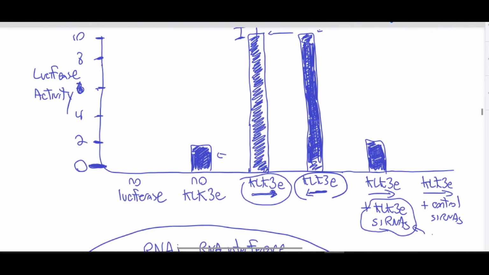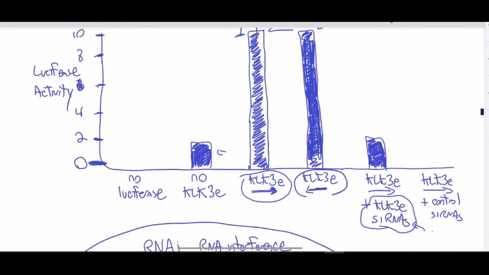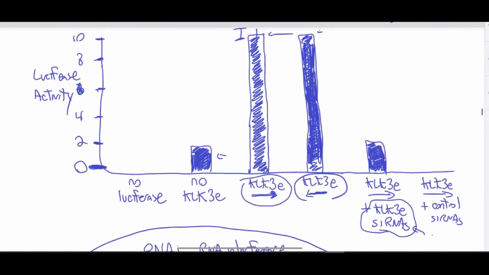So the nucleotides are the same, but they're not in an order that matches anything. So they're not complementary to the enhancer RNA from KLK3E, but they have the same nucleotides in a useless order. And when they use these, they still get lots of transcription. So what's going on here?